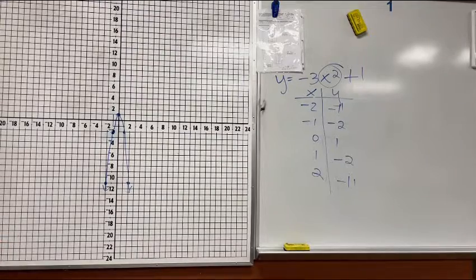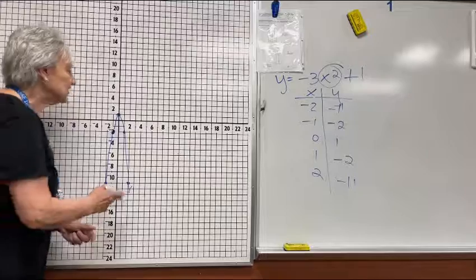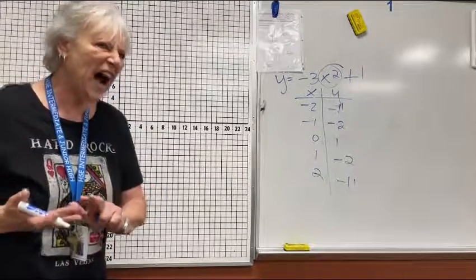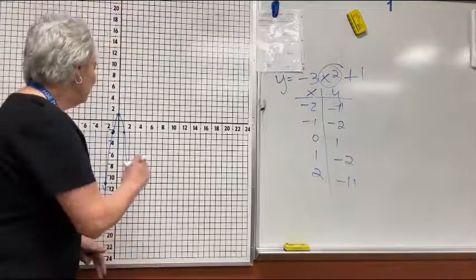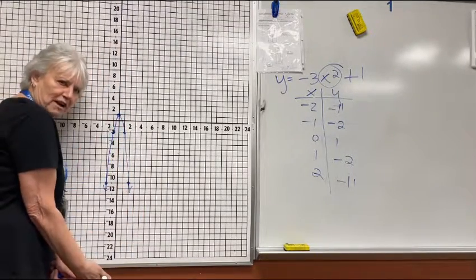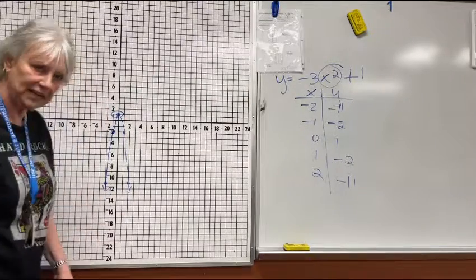All right, you had a question. I know it's going to be a maximum because the y tells me, is it the lowest or the highest point? The highest point, because you don't know the lowest, it goes on forever and ever. The highest point is right there at your vertex.